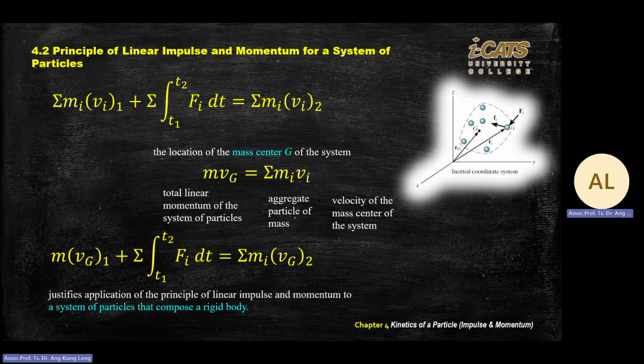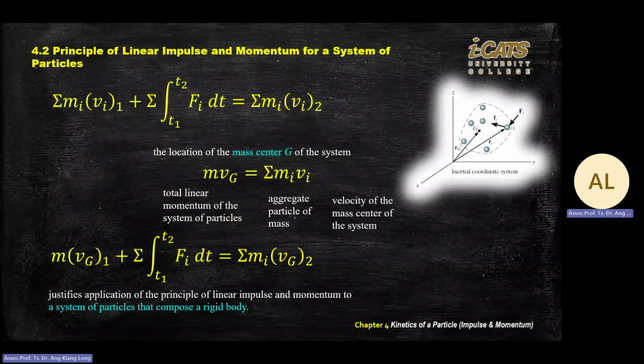This is why this diagram is important when you learn about rigid body later. And just for info, for the velocity that you use in your calculation as a particle, you're actually focusing on the center of mass. Velocity at the center of mass of that body, before equals after.